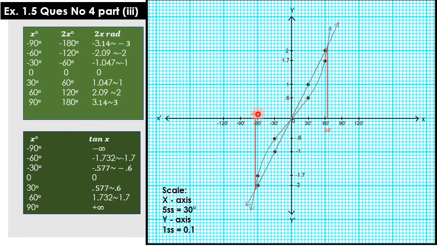We have got three solutions. One solution is minus 64 degrees because this line touches the x-axis at approximately minus 64. This solution is 0 degrees and this solution is 64 degrees. So we have got these three values as the solution set of this given equation. And that completes the solution.